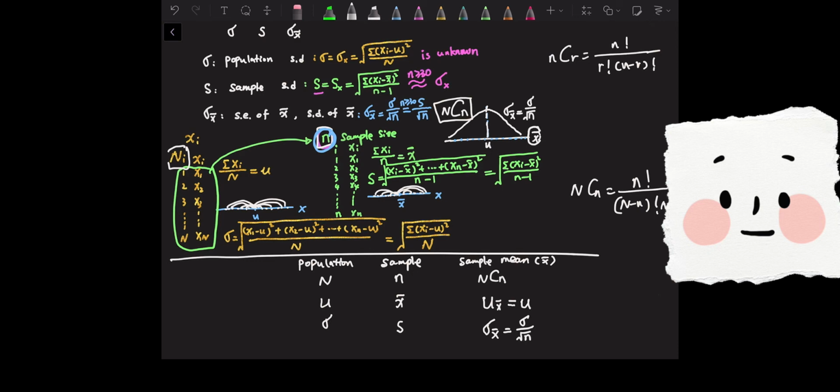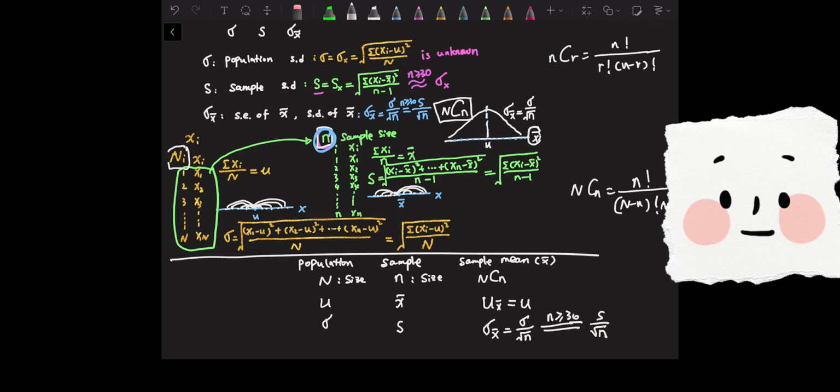When sigma is unknown, or when n is large enough, this equals s over square root of n, because we can use s to approximate sigma when the sample size is large enough. This n is the sample size, and the capital N is the size of the population.